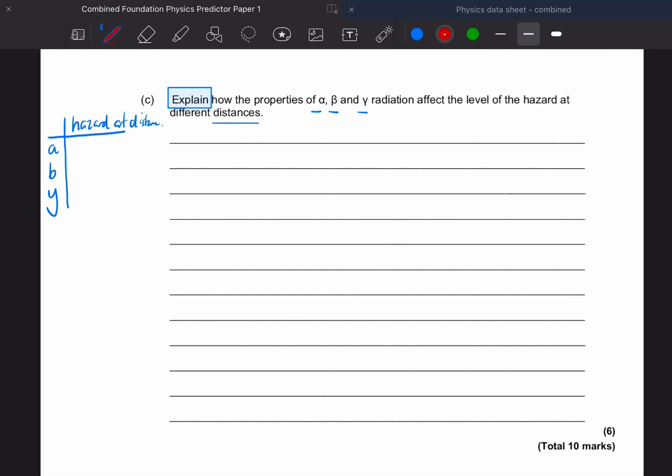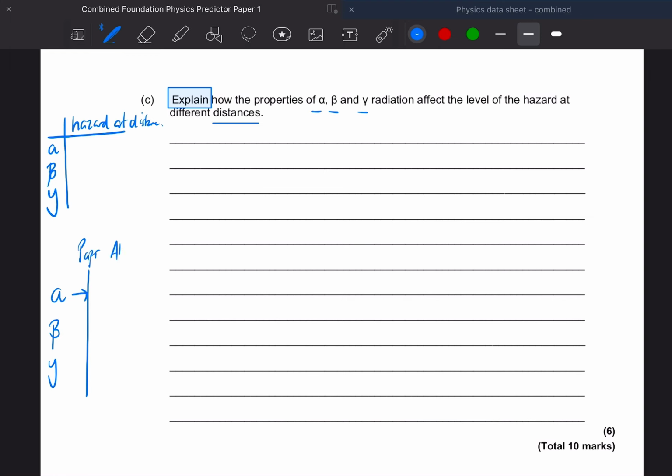Okay, so let's start with what we know. There's a diagram that you probably would have seen where you see alpha, beta, and gamma, and you're showing a piece of paper. So we start with paper here, and the alpha is stopped by the paper.